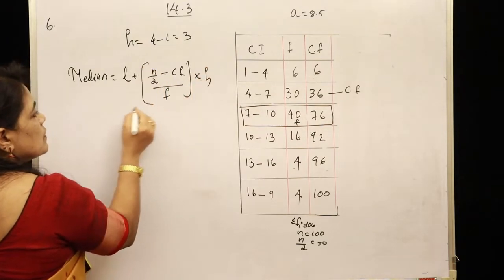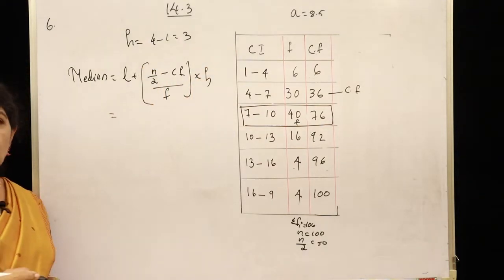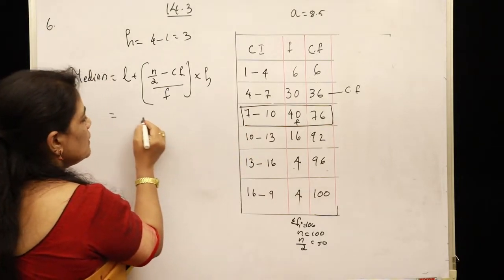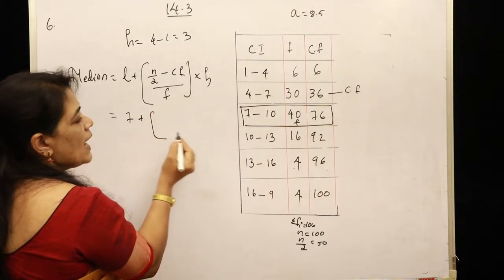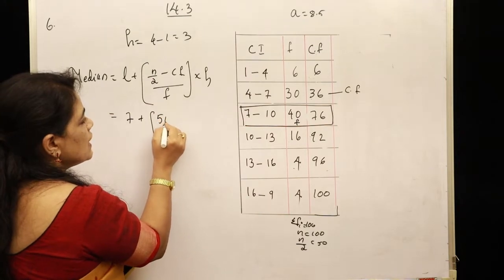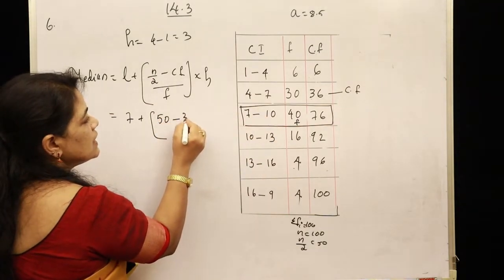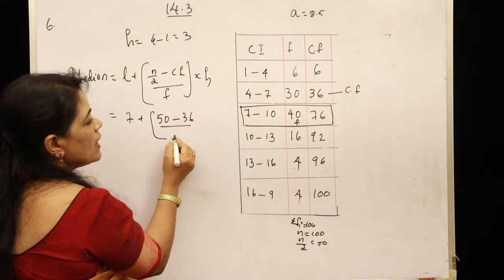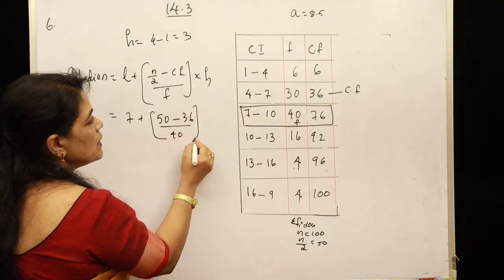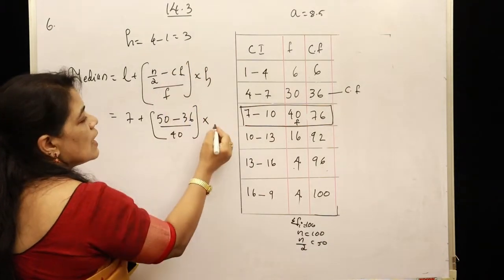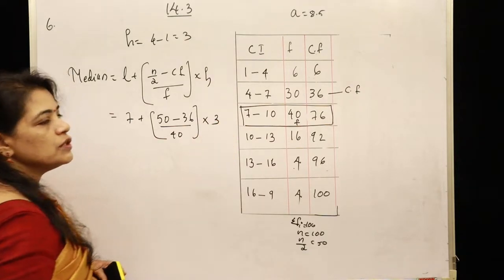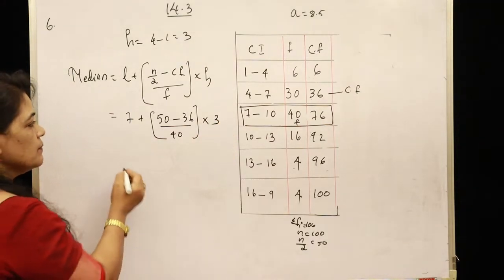That means the lower limit of the median class, that is 7, plus n by 2, 50, minus CF 36, divided by F, 40, the frequency of the median class, and the height h is equal to 3, upper limit minus lower limit.